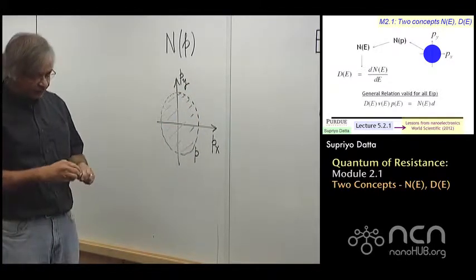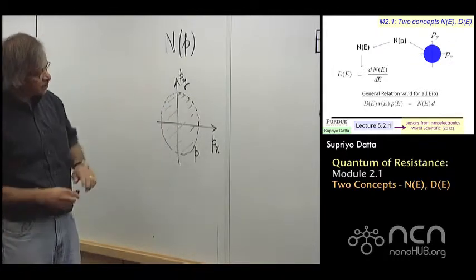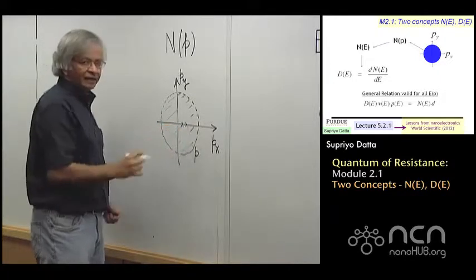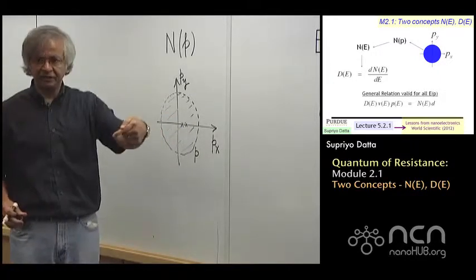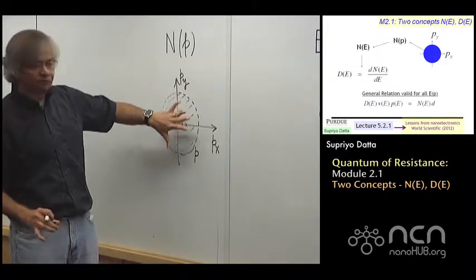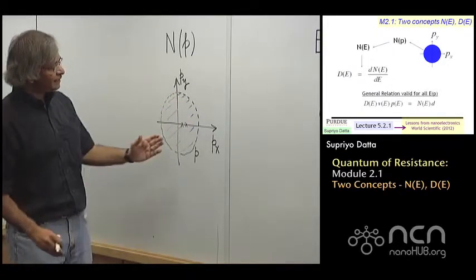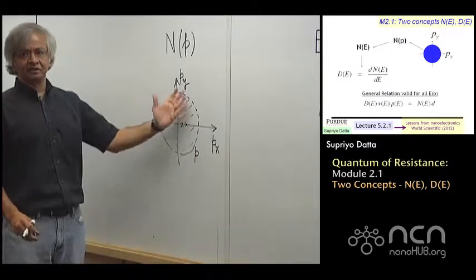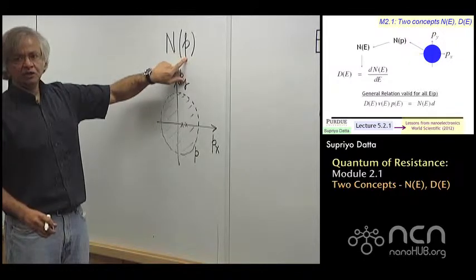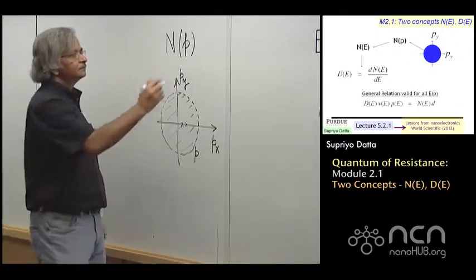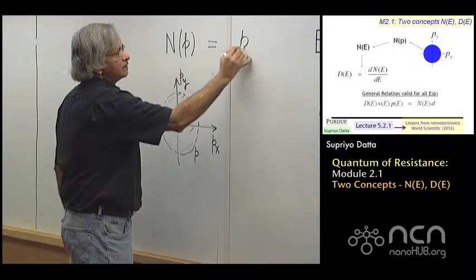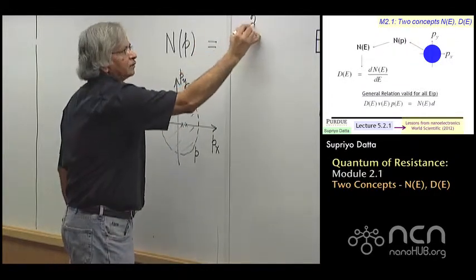Now, this requires some discussion, because you first have to argue how these states are located. That is a discussion we'll go into in the next module. But one thing you can expect without too much thinking is that if you're talking about a two-dimensional conductor, then this function N of P should depend on P squared. Why?